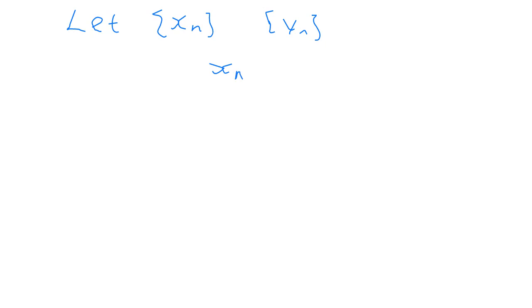And xn is less than or equal to yn for all n in the natural numbers. That looks like 1 over n. This is yn. For all natural numbers n.